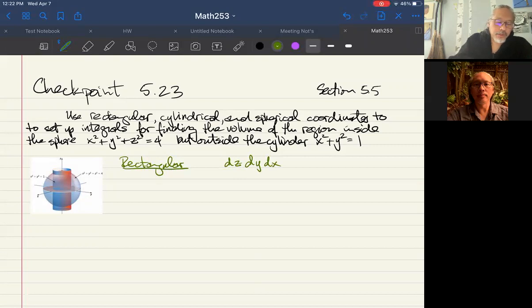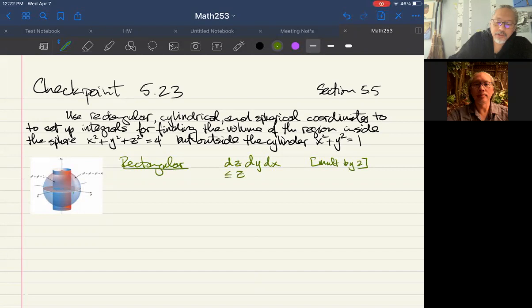And we could use symmetry, so let's take advantage of that. Instead of going from the bottom sphere to the top sphere, we can just double it. If we multiply by 2, we just go from 0 to the top part of the sphere.